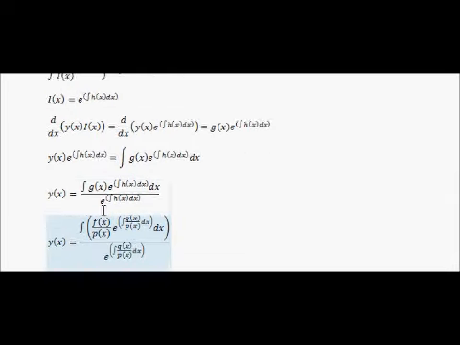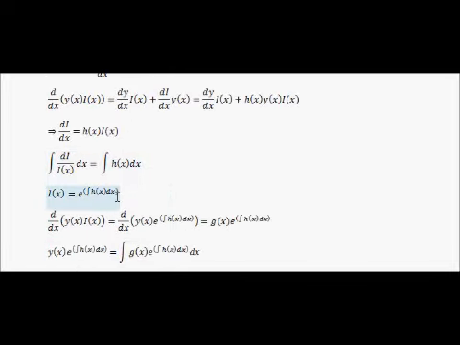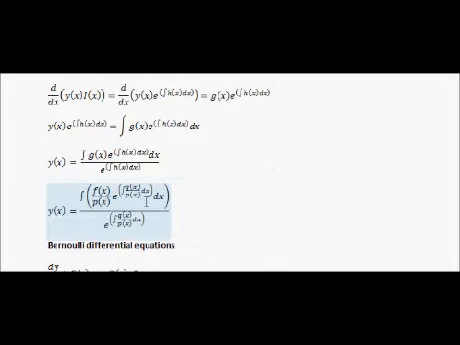So p of x is the thing that multiplies through by the dy over dx. Q of x is what multiplies through by y of x, and then f of x is the function on the other side. So that you can express any linear differential equation in this ultimate form. So that's where that all comes from.